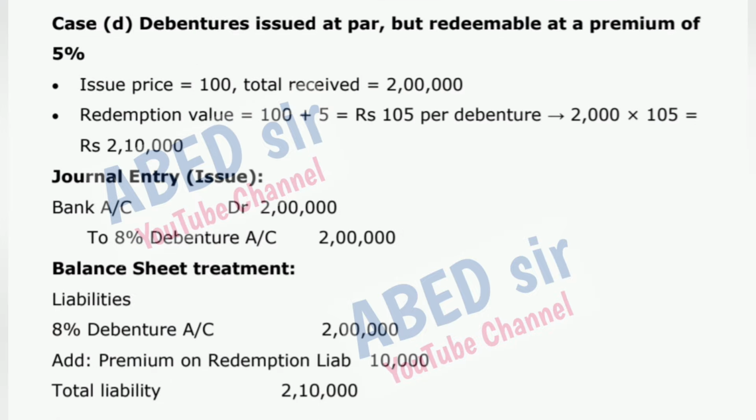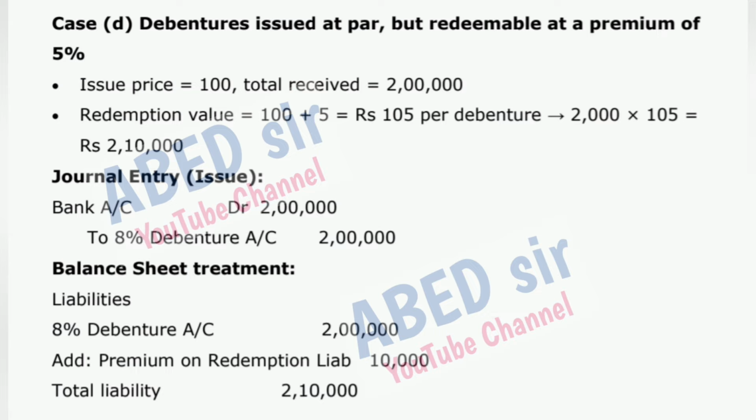Case D. Debentures issued at par but redeemable at a premium of 5%. Issue price is equal to 100. Total received is equal to 2 lakhs. Redemption value is equal to 100 plus 5 is equal to 105 rupees per debenture. 2000 times 105 is equal to 2,10,000 rupees.